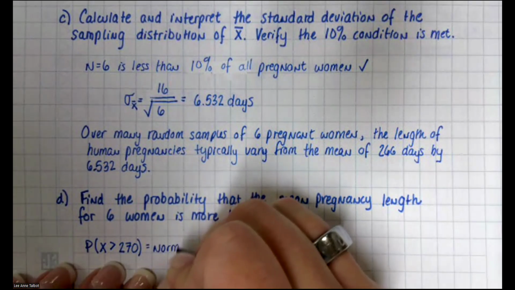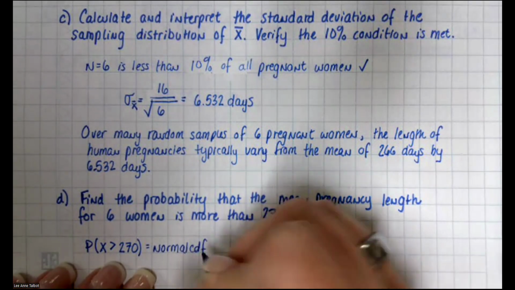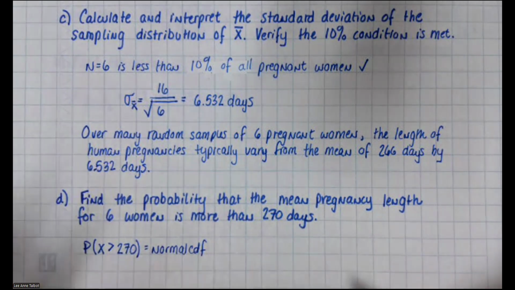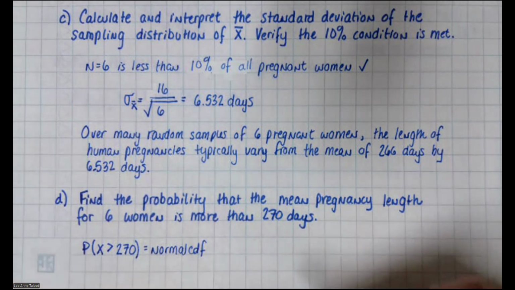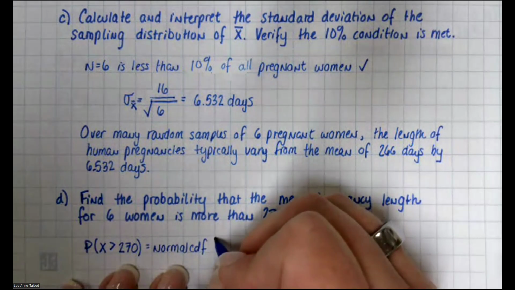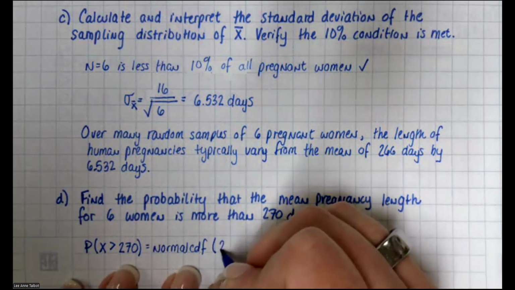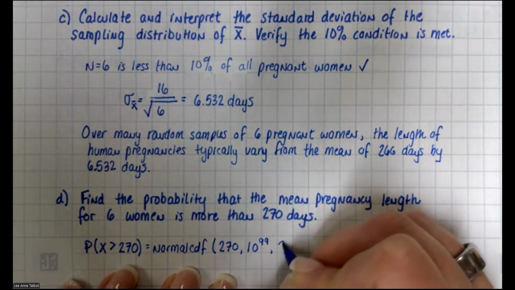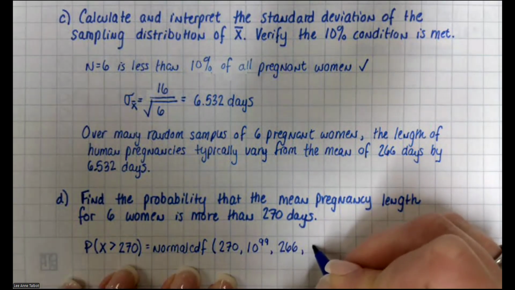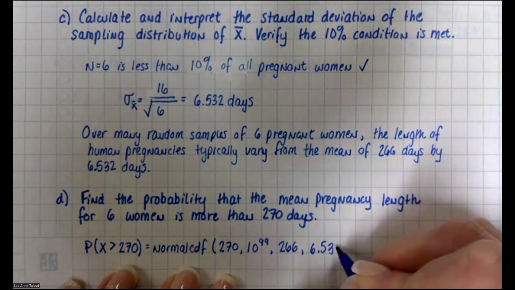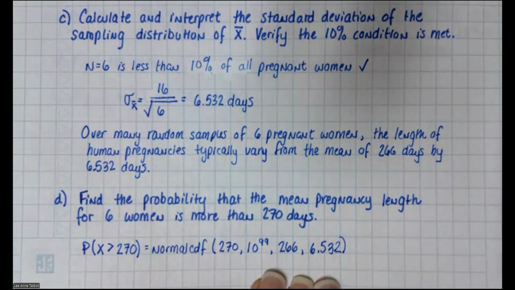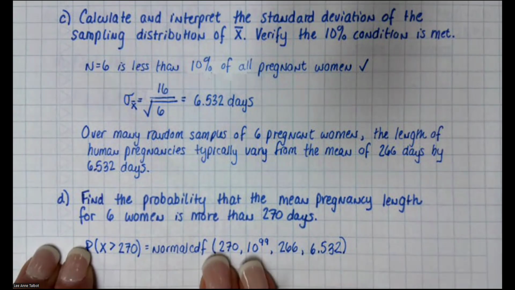Now, if I was doing this problem and I hadn't already calculated this up here, you can, in your calculator, just type 16 divided by square root 6 straight into normal CDF. It's fun. I'm going to show you what I mean. So 270, 10 to the 99, 266, 6.532. And in this one, you don't need to label anything because this takes care of the first 2 labels.